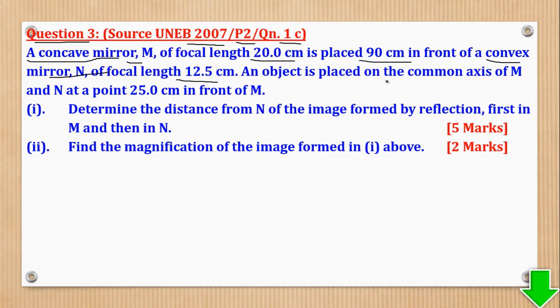An object is placed on the common axis of M and N at a point 25 centimeters in front of M. Roman 1. Determine the distance from N of the image formed by reflection, first in M and then in N. Then Roman 2. Find the magnification of the image formed in Roman 1 above.